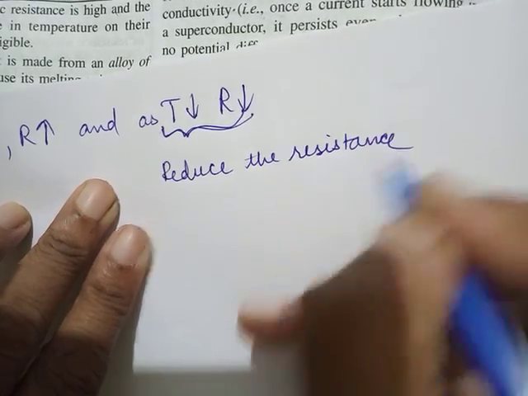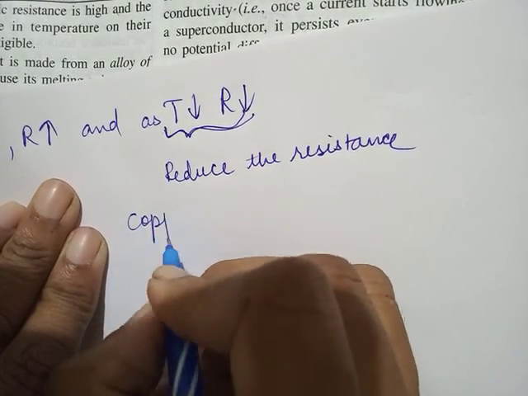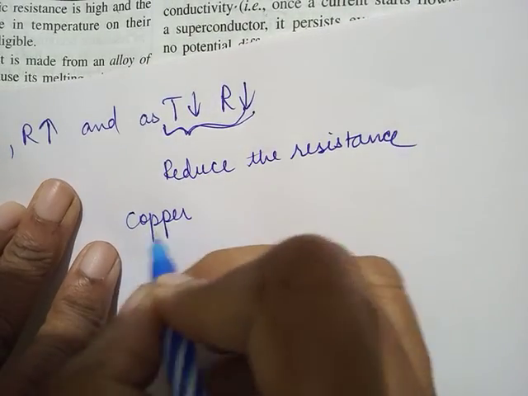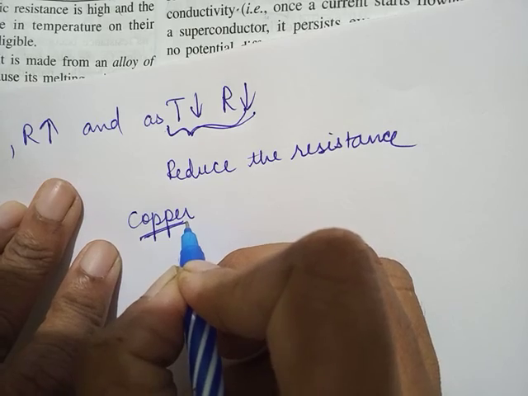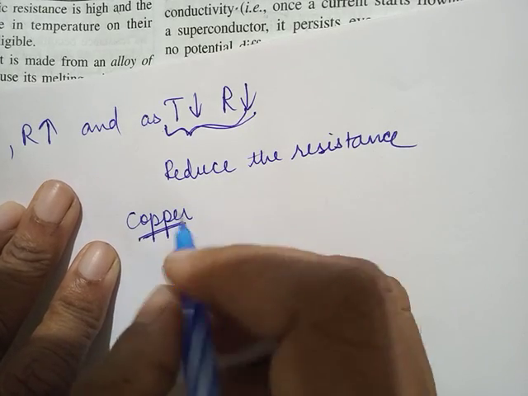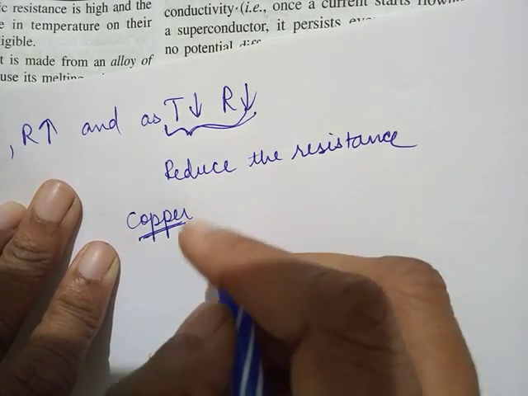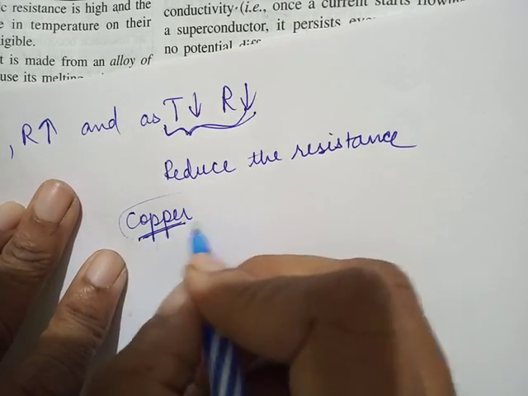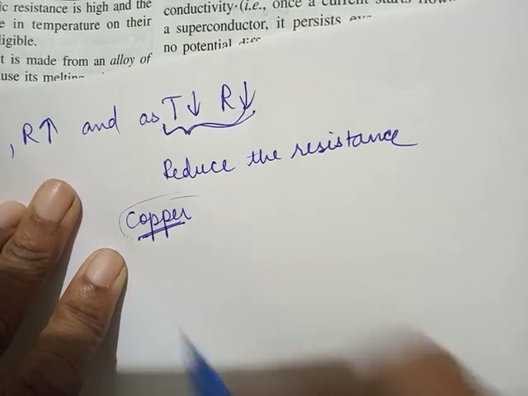Though copper is a good conductor, still it does offer some resistance. That's the reason why even a copper wire gets heated up when you leave the bulb on for some time. The copper wire carrying that will get heated up because there is some resistance even though it's a good conductor.